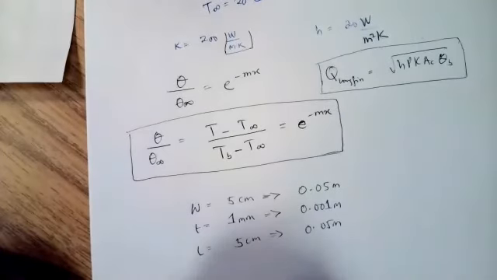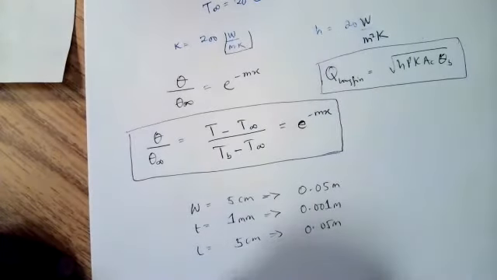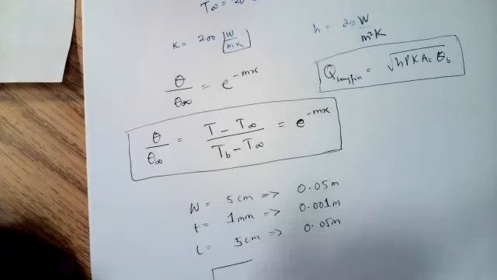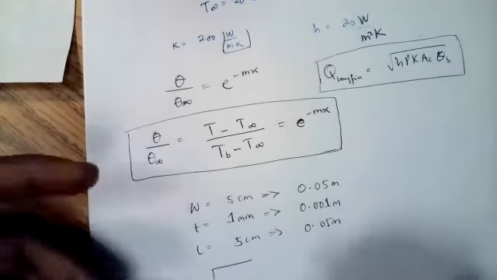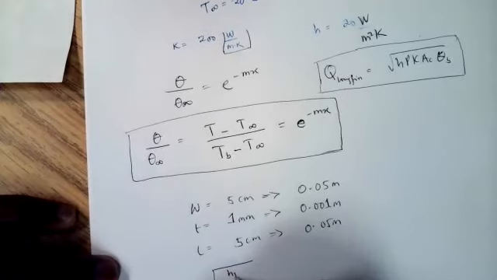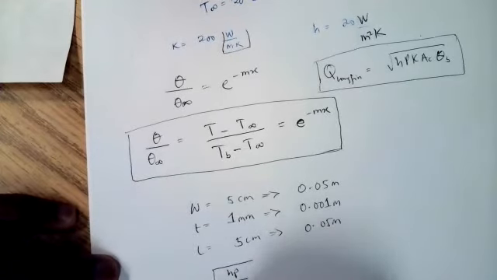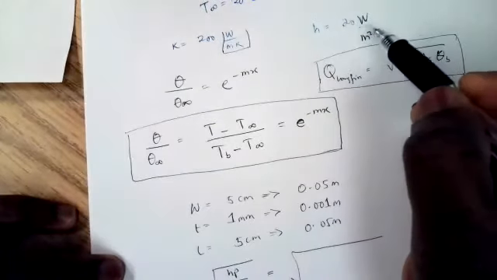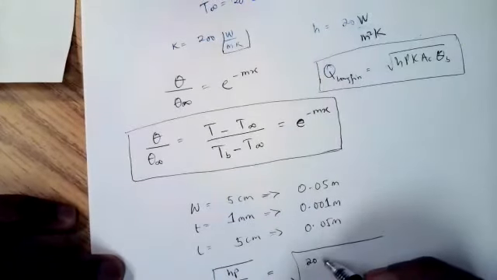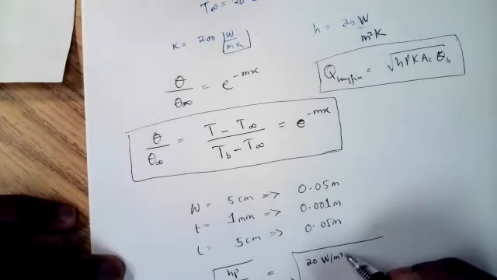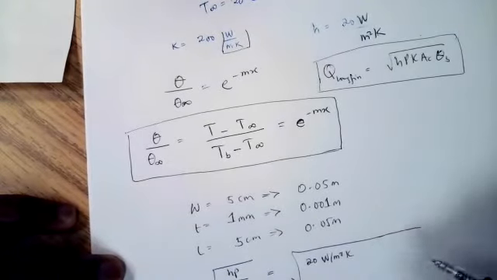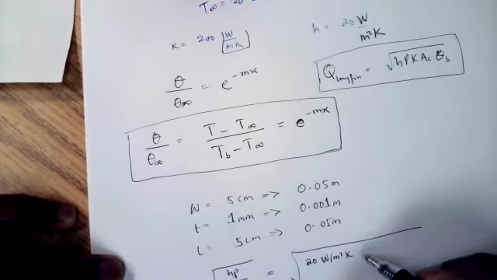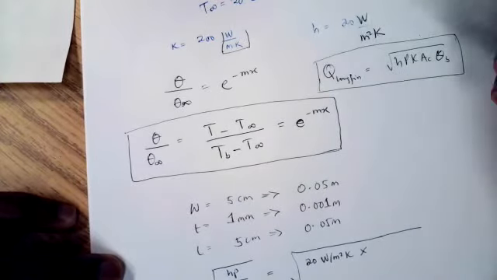And the expression for m is the square root, these are all formulas that you find in your textbook, okay? Multiplied by the area of convection, okay? And we have h to be 20 watts per meter square Kelvin. And this is multiplied by the perimeter.